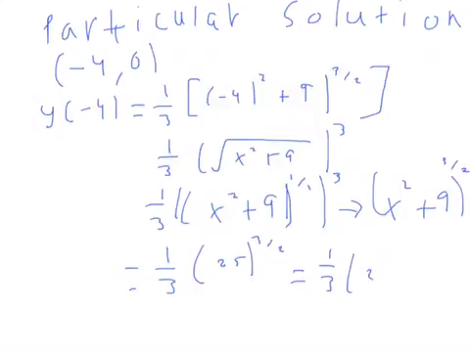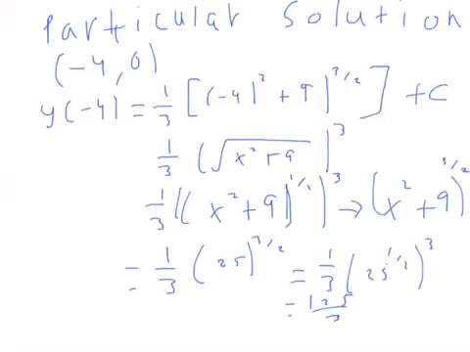Just 25 to the 1/2 cubed, and remember 1/2 is square root, so it's just 1/3 times 5 cubed, because the square root of 25 is 5, so this just goes to 125 over 3. And then you still have plus c. Don't forget the plus c.